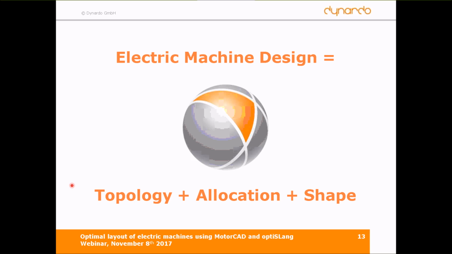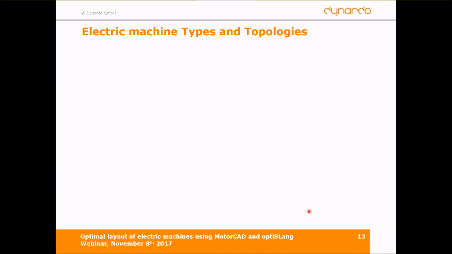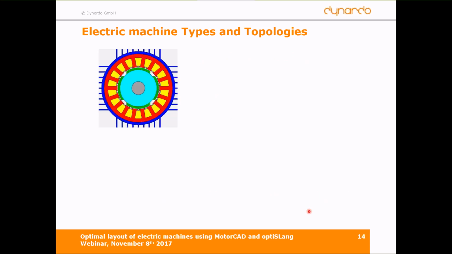So electric machine design, what's it all about? Perhaps we can say it's about topology, it's about allocation of space, it's about shape. Topology: how many slots, what winding allocation means, how much space for copper, how much space for iron, how much for magnets. And shape means the shape of the slots, the shape of the T, for example, to increase the performance, or perhaps to improve NVH properties.